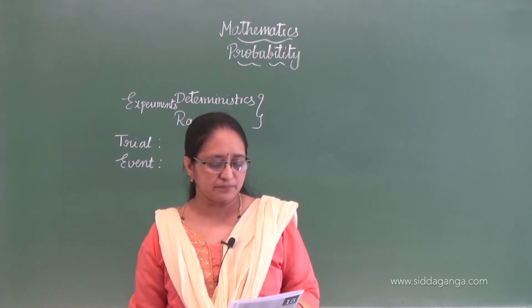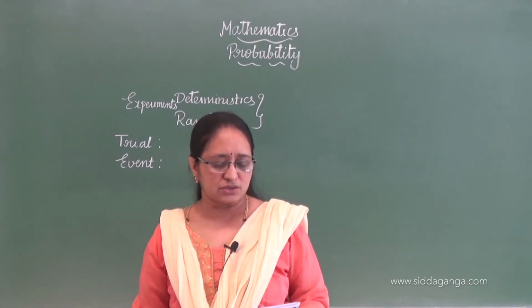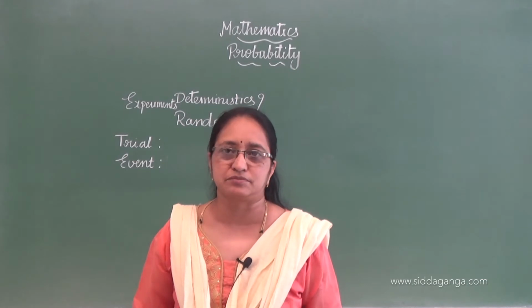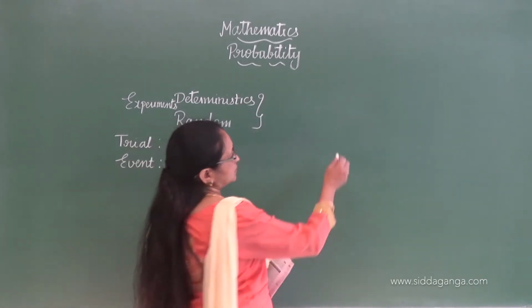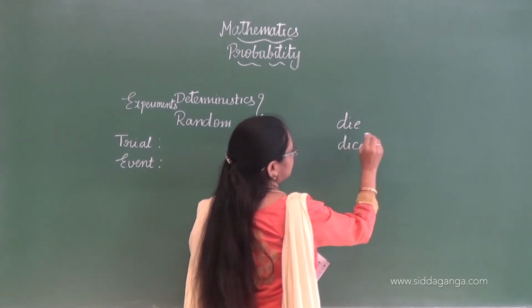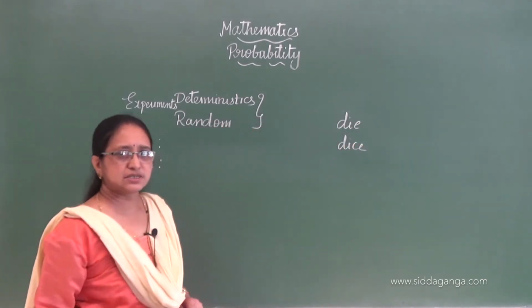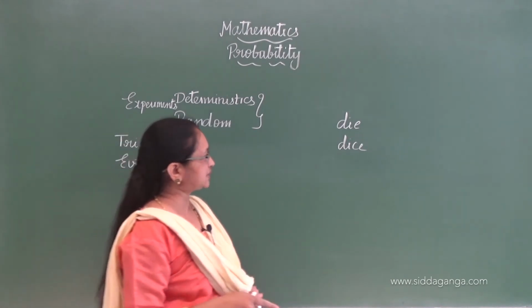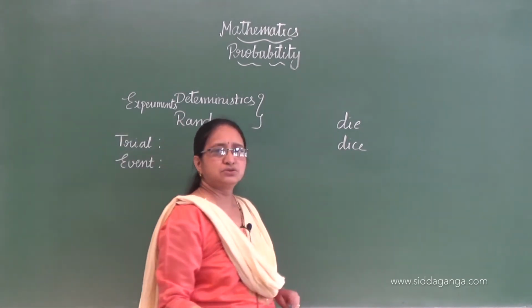See for example, we will roll a die. I hope you know die is singular and dice is plural. For one die we call it die and for two, dice.